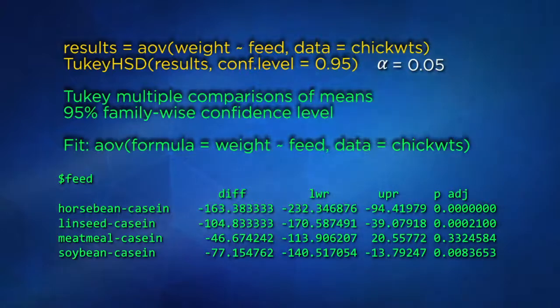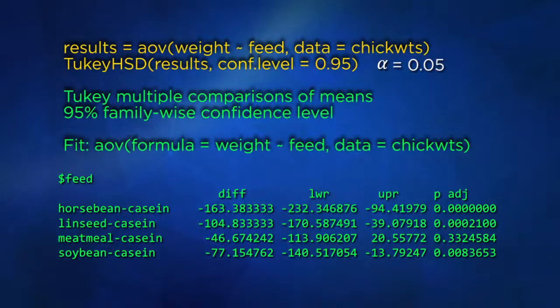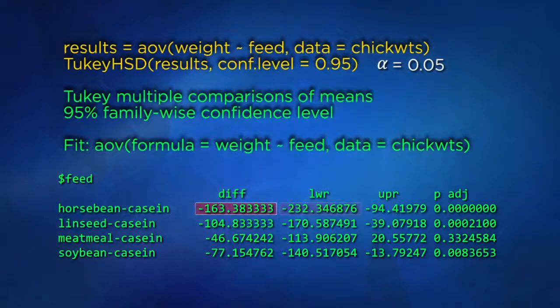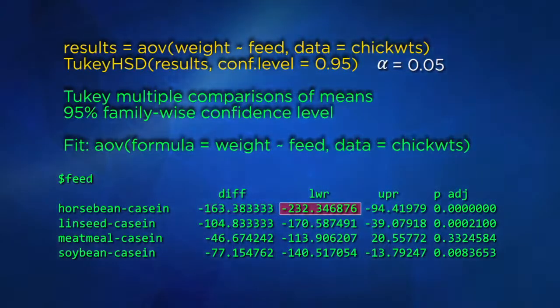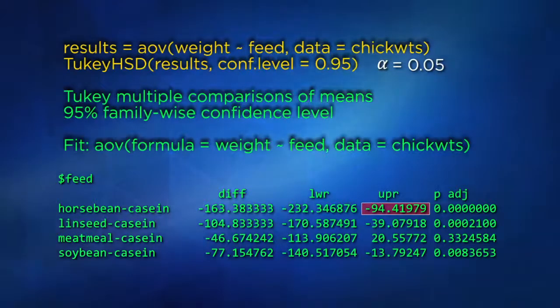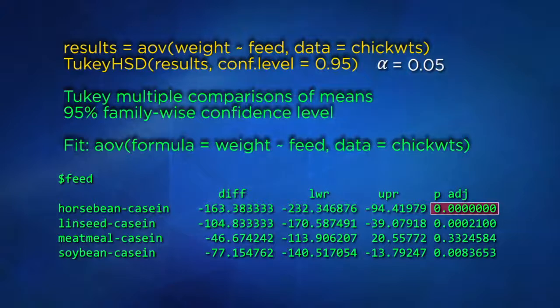The first one compares horse bean to the casein feed. Notice that the difference between those two is negative 163.38. The lower confidence interval was minus 232.34, with an upper confidence interval of minus 94.41. That difference is significant with a p-value close to 0.